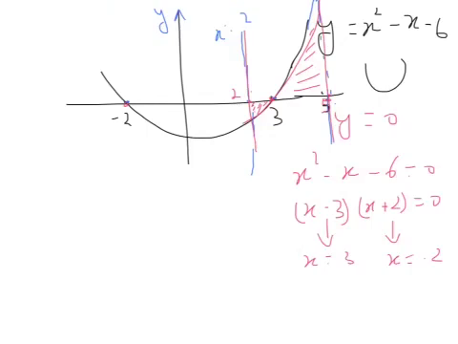Now, how do we integrate? We have to do the integration in parts. First of all, from 2 to 3 is below the x-axis, and from 3 to 5 is above the x-axis.